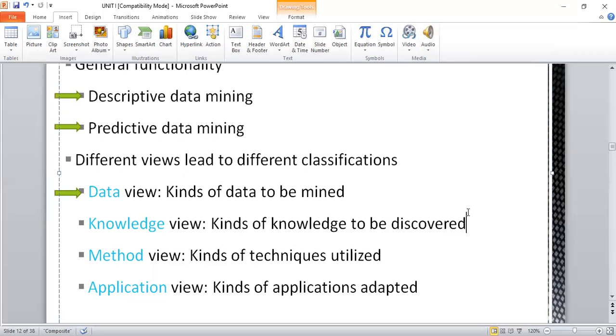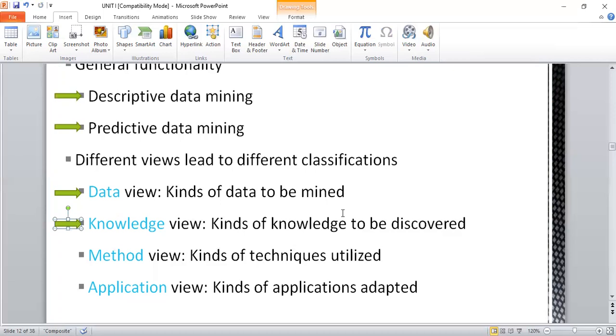The second one is classification according to the knowledge to be mined. So that is your second classification, where classification is happening according to the kinds of knowledge mined. Basically, what is the meaning here?